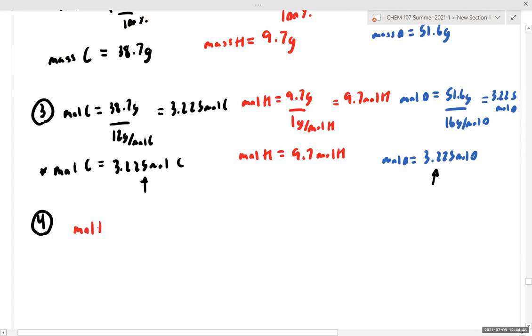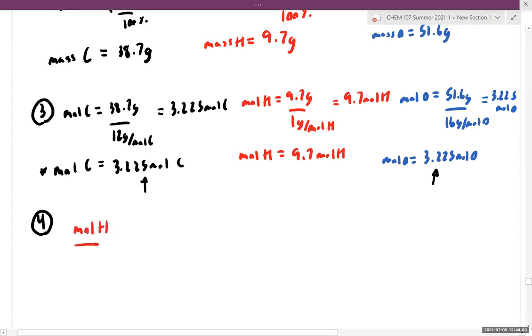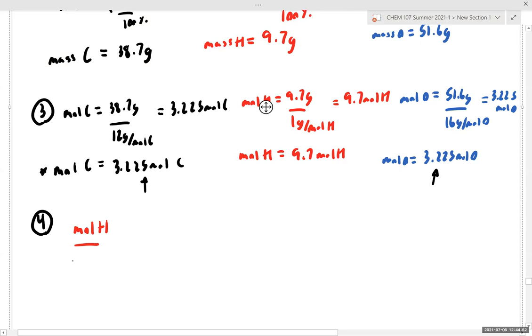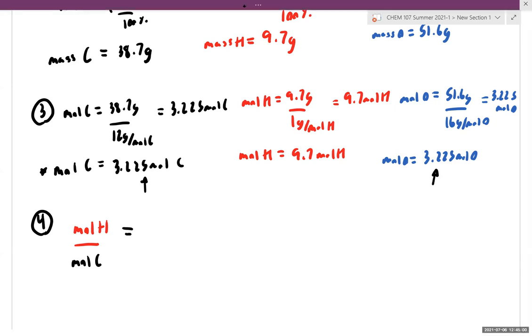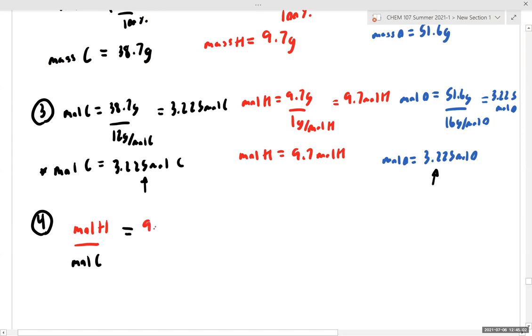So then let's calculate our mole to mole ratio. What is the mole to mole ratio of hydrogen to carbon? Let's calculate that now. The 3 to 1? Yep, exactly right. We have 9.7 moles of hydrogen and 3.225 moles of carbon.